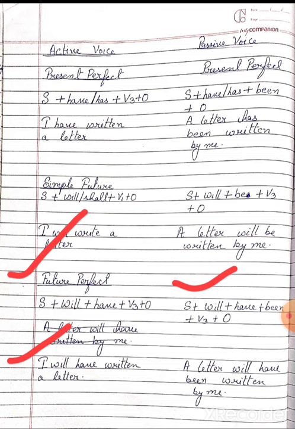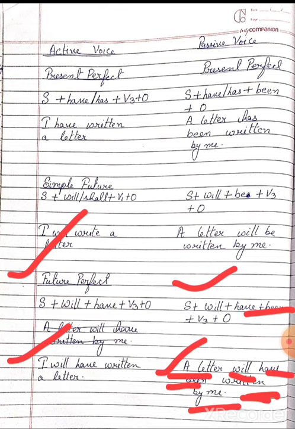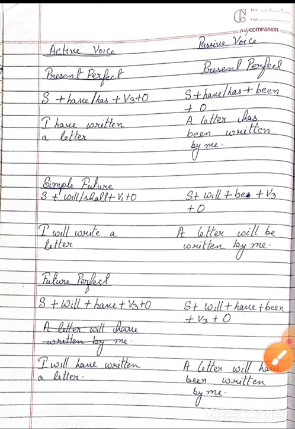So, a letter will have been written by me. Subject plus will plus have, then been, then V3. I will have written a letter is changed to a letter will have been written by me.